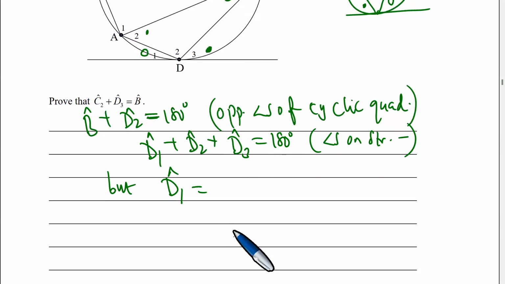So D1 is equal to angle C2. Why? Because of the tangent-chord theorem.